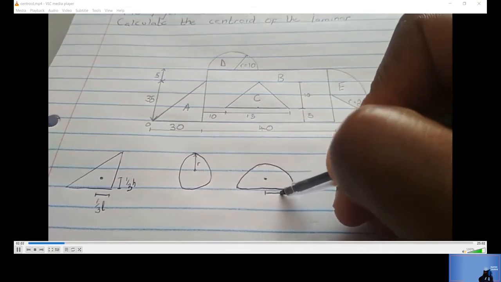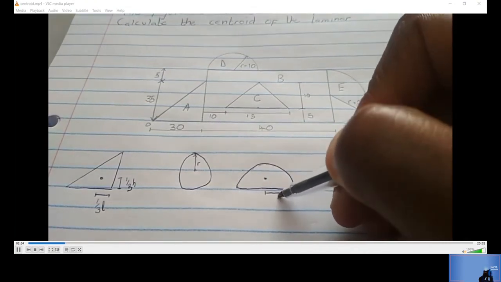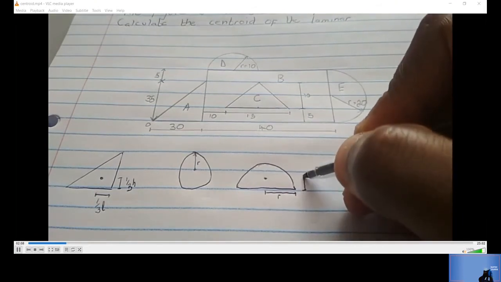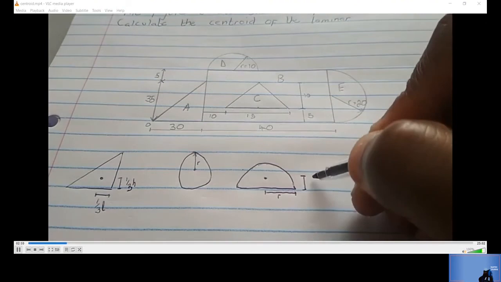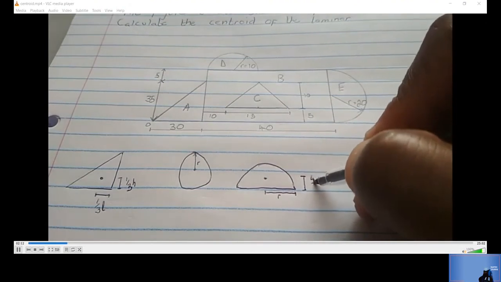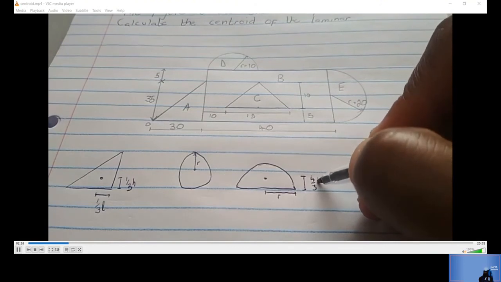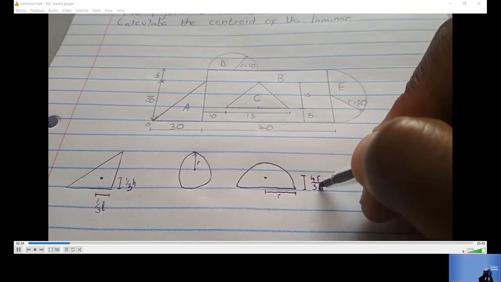So that's a distance of r, which is the radius. But going up, it's 4/3, r over pi.